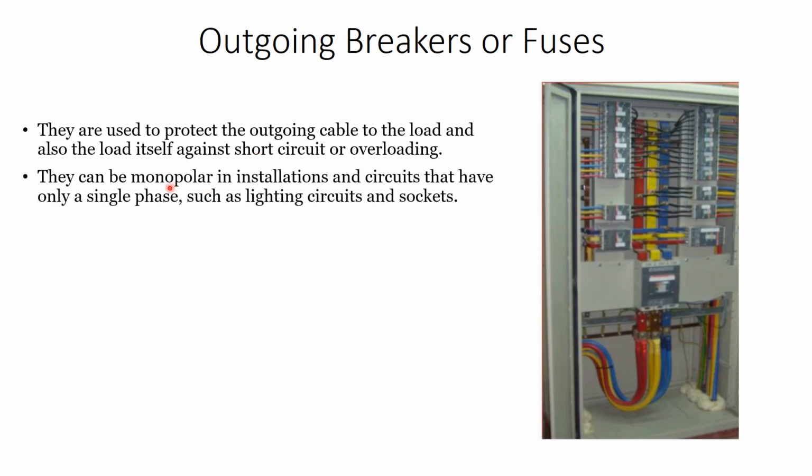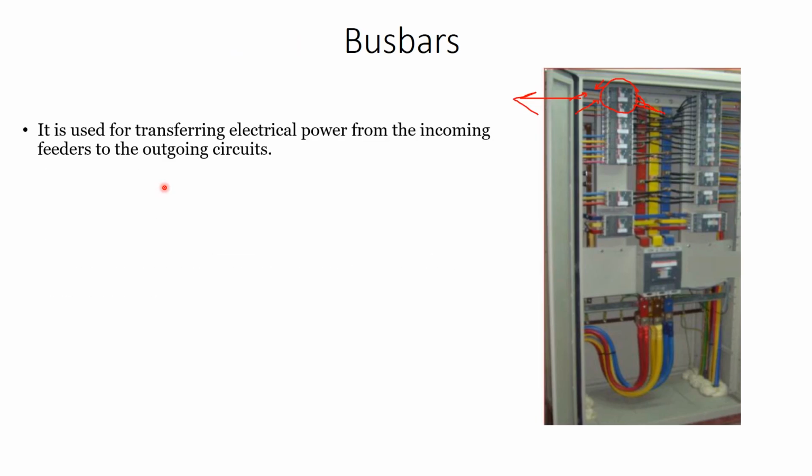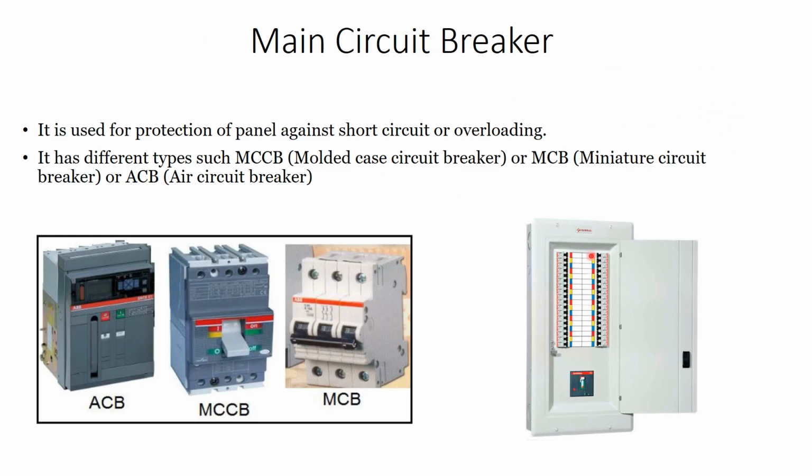They can be monopolar in installations and circuits that have only a single phase, such as lighting circuits and sockets. So what does monopolar mean? It means that it is one phase, such as this one. If we get back here to this one, you can see that this one is a monopolar.